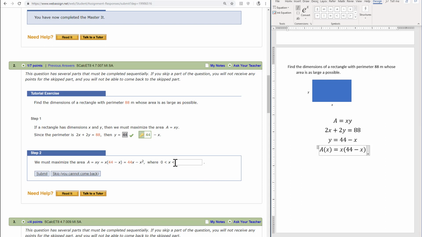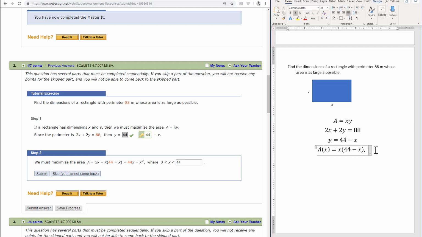They also want us to find the domain, which is a good idea. And the domain here, if you imagine the perimeter x plus y plus x plus y, the whole thing is 88. This thing can get stretched down. You have 88 for x, and then the other x on top is going to go away. So our domain is really just going to go from 0 to 44.